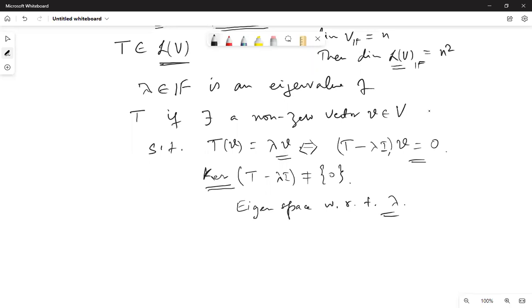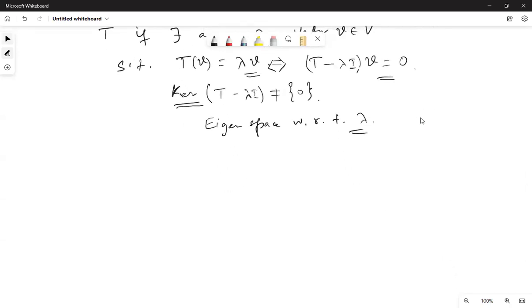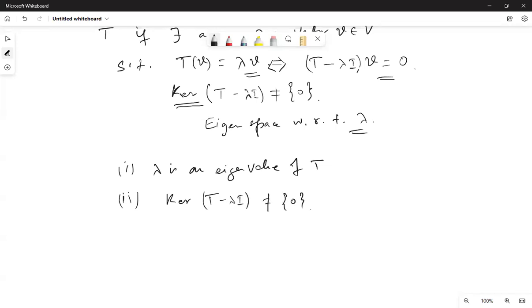All right. So let us now have a look at some equivalent forms of the result. First, lambda is an eigenvalue of T. Second, the kernel of T minus lambda I is not equal to 0.